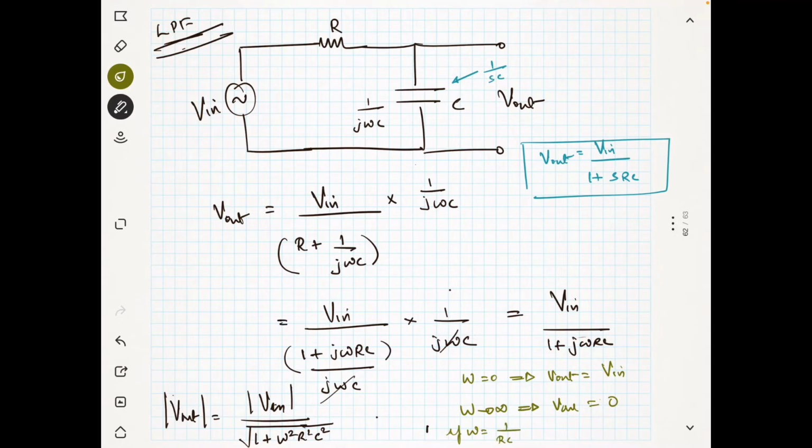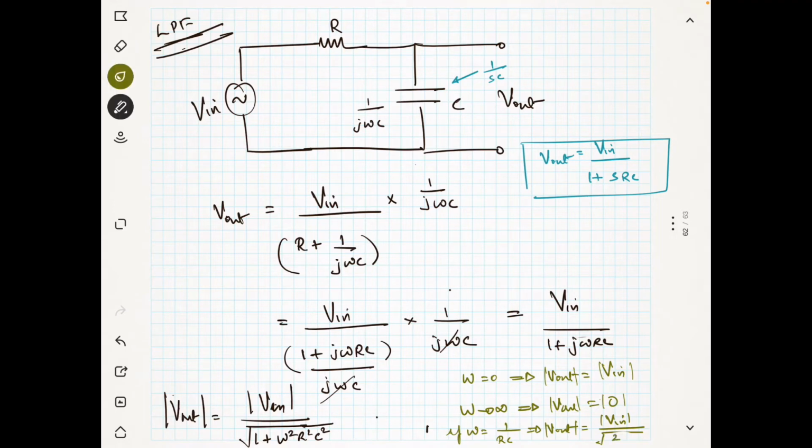When omega is equal to 1 by RC, the magnitude of V out is equal to the magnitude of V in divided by square root of 1 plus 1, right? Because when omega is equal to 1 by RC, omega square into RC square will become 1. So, this becomes V in by square root of 2.